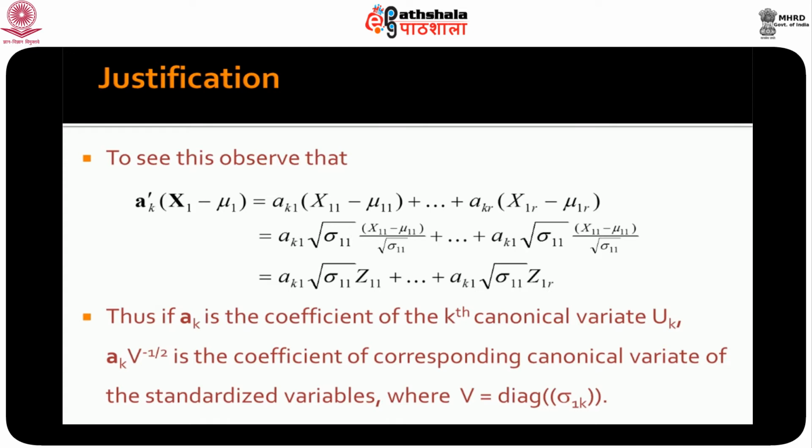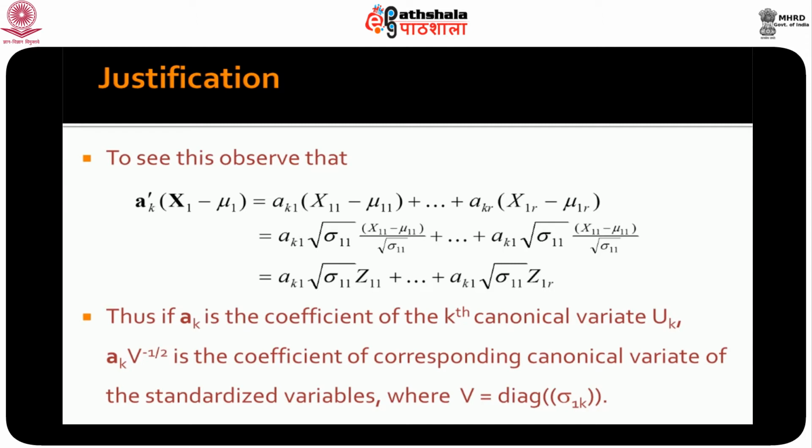And if we just multiply and divide by the corresponding standard deviations, we can write this as ak1 root sigma 1 1 times (x1 minus mu 1) divided by root sigma 1 1, etc., up to akr root sigma rr times (xr minus mu r) divided by root sigma rr.